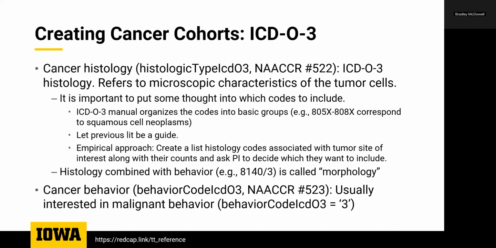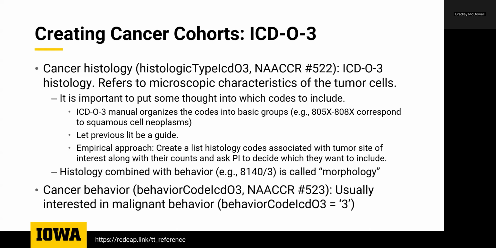And so I'm giving you a few different approaches to how you choose which histology codes to include in your cohort definition. One of the things you can do is simply look at the ICD-O-3 manual because it organizes codes into basic groups. One of the things I like to do is to use previous literature as a guide.